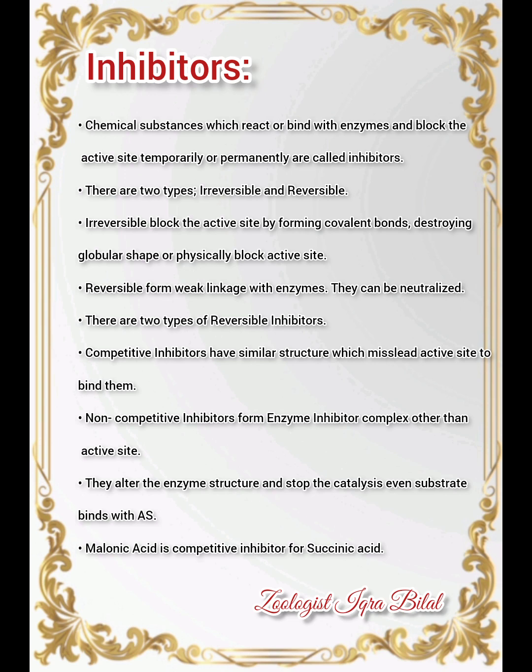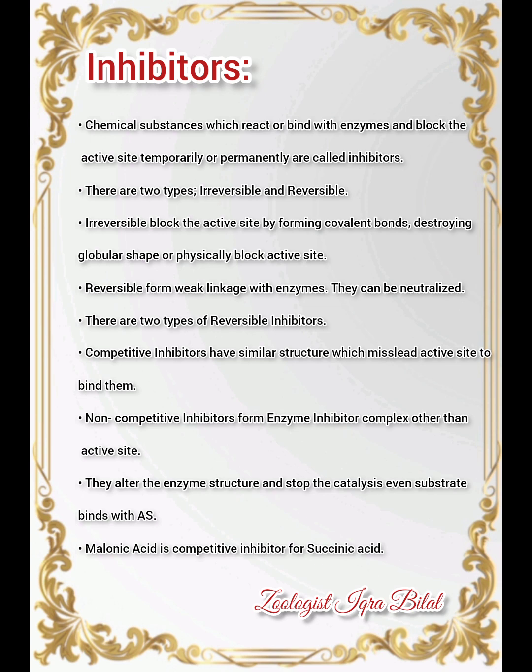Now inhibitors. Chemical substances which react or bind with enzymes and block the active site to work, temporarily or permanently, are called inhibitors. There are two types, irreversible and reversible.